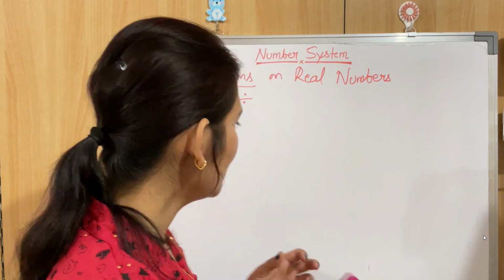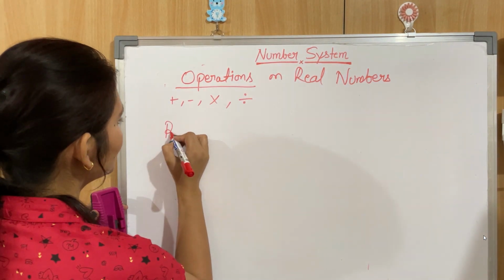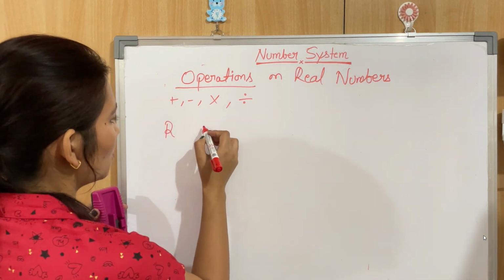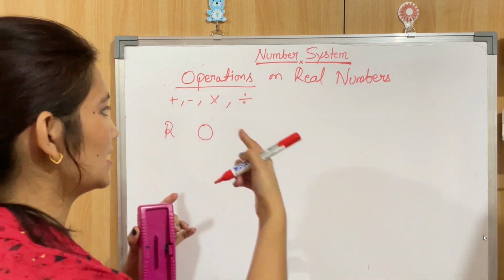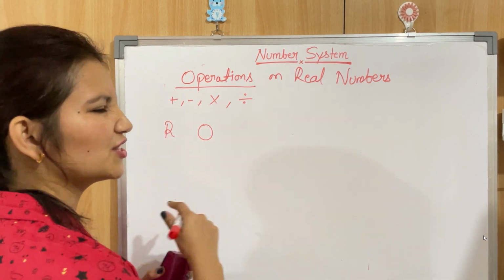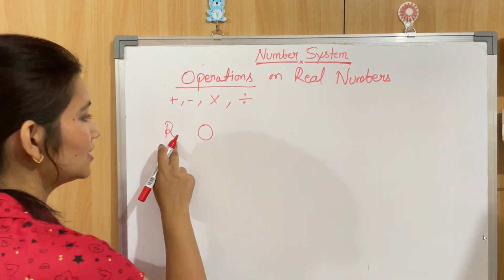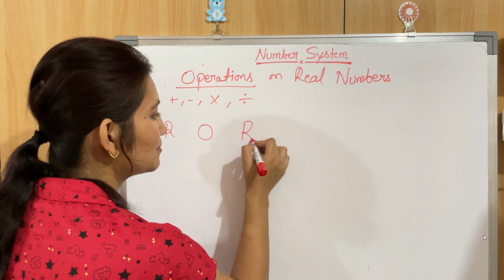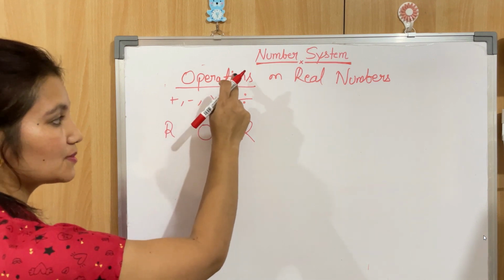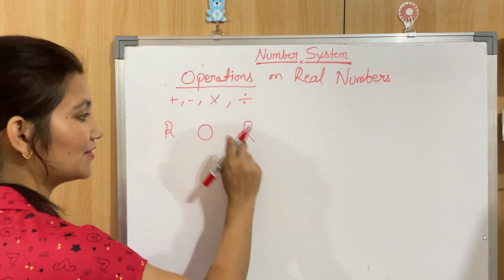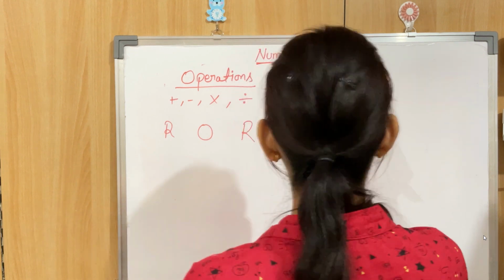If a rational number is operated, and by operation I mean any of the operations, addition, subtraction, multiplication, division, anything, with a rational number, what will be the result?